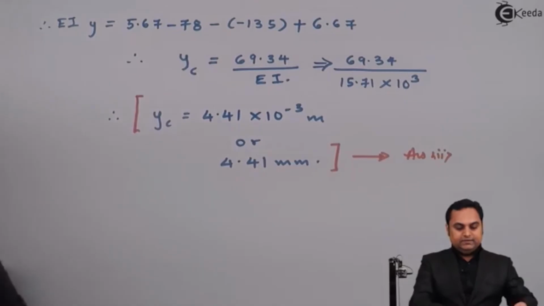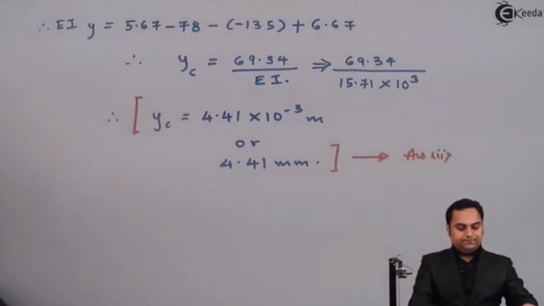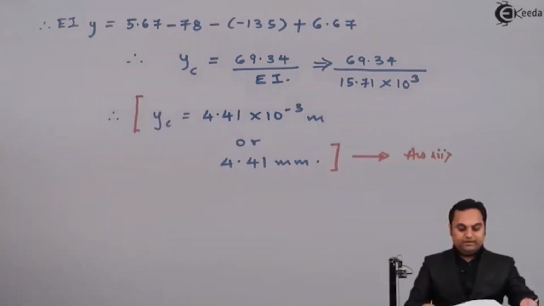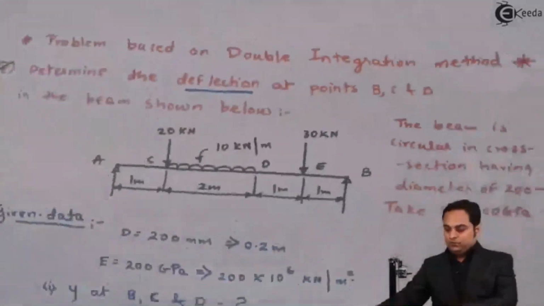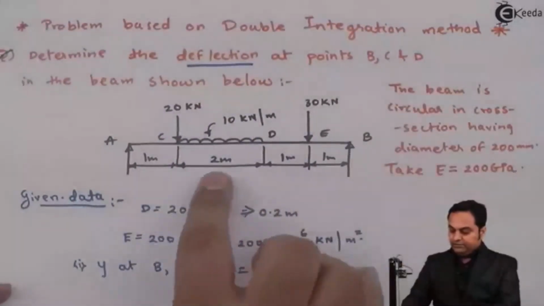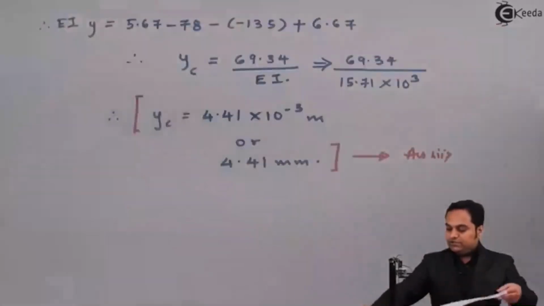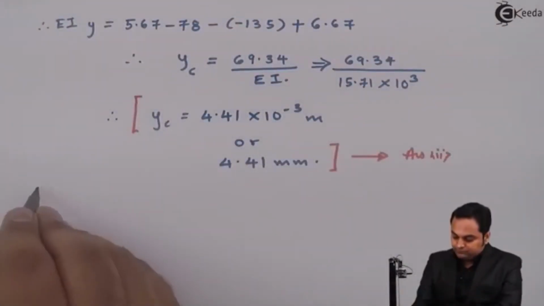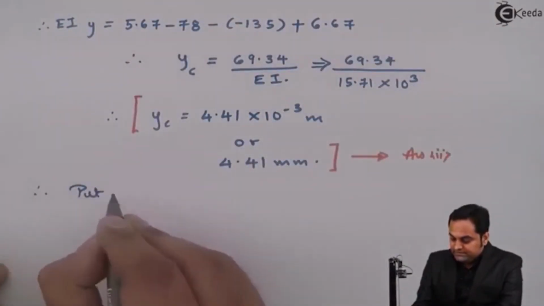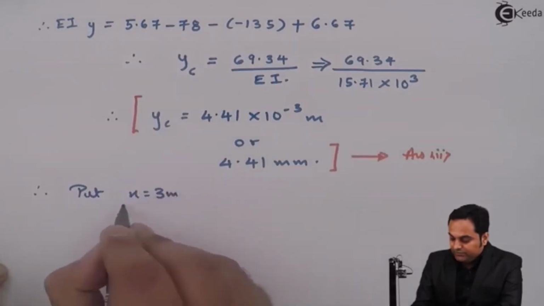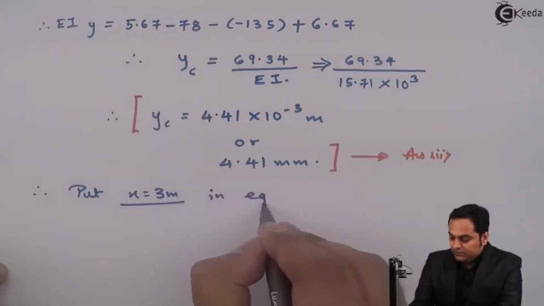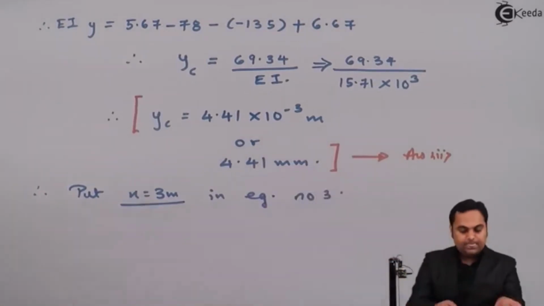Next, I'll calculate the deflection given in the problem at point D. So at point D, the distance is 3 meters. Therefore, put x is equal to 3 meter in equation number 3. So we have this equation 3.